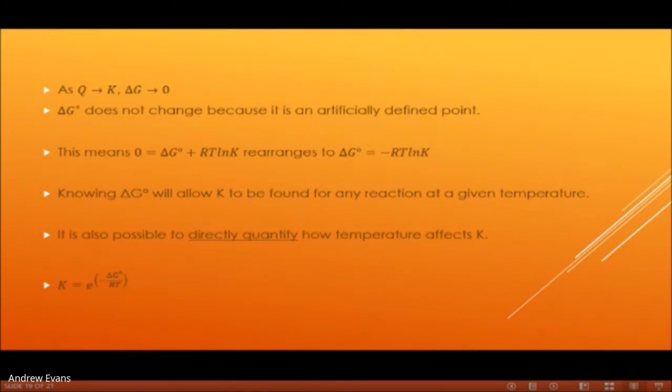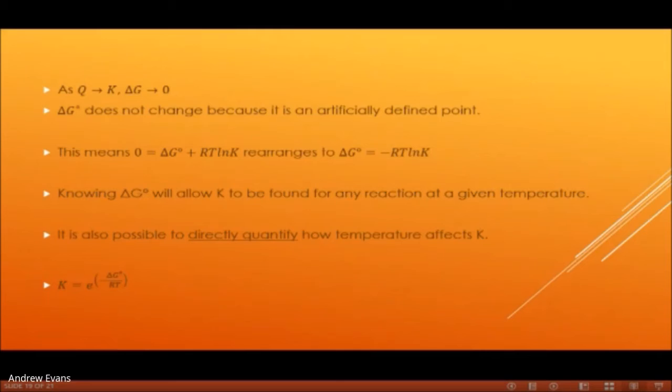But as Q approaches K, remember, when we're at equilibrium, delta G non-standard goes to 0. When Q approaches K, delta G approaches 0. But remember, delta G standard will not change because it is an artificially defined point where everything is at 1 molar and 1 atmosphere.